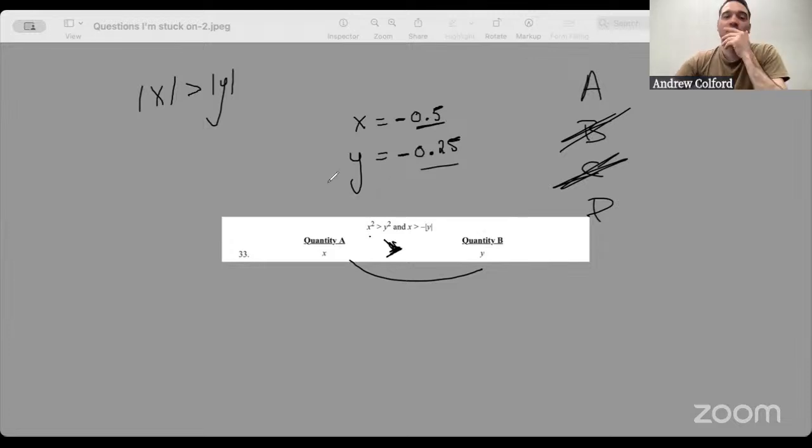Negative 0.5 squared is positive 0.25. Negative 0.25 squared, and feel free to use your calculator on this, is 0.0625. So that works, but this doesn't.